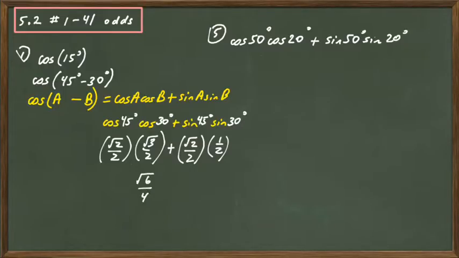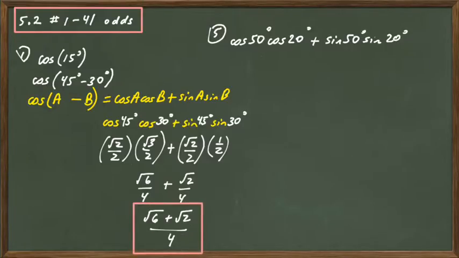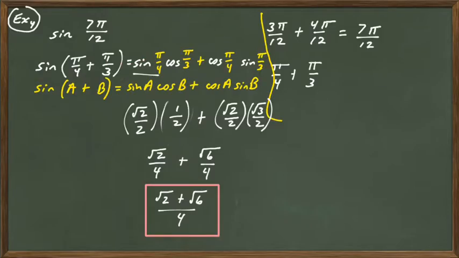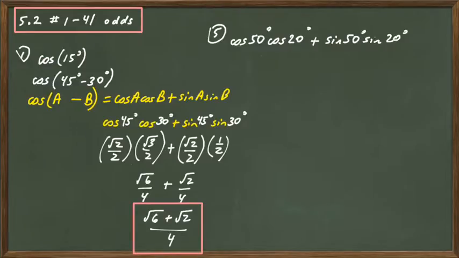So you get radical 6 over 4 plus radical 2 over 4, which you could write as a single fraction. I believe this is the same answer we just got on the example, but that example was involving sine. This one has a cosine.